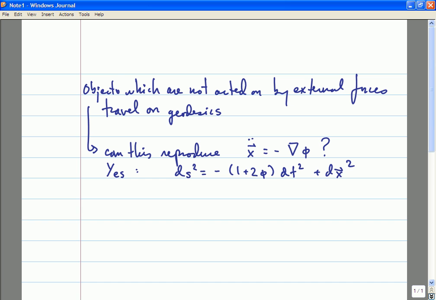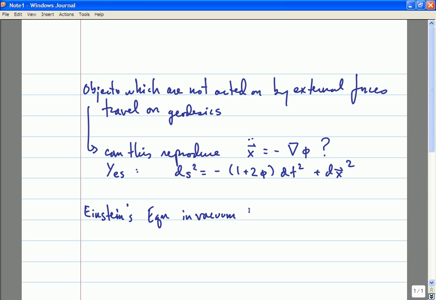We gave a simple answer to this question in the case where there are no matter fields present. So we wrote down Einstein's equation in vacuum, which is to say when there are no sources present.